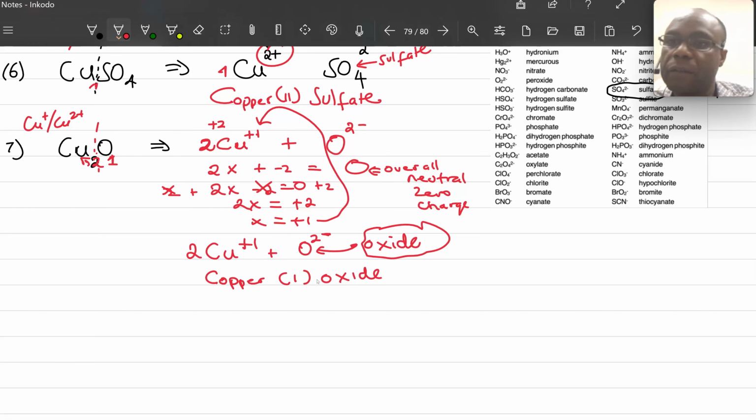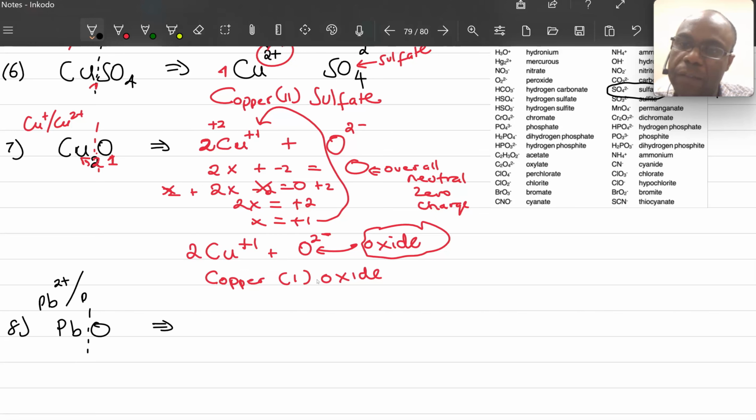All right. So what if someone gives me example number 8, PbO? Now I can split it here. Pb is one of those that can have a 2 plus or a 4 plus according to our notes. So we have to specify. We need a charge here, we don't know. But oxide, as we said, always has a 2 minus.